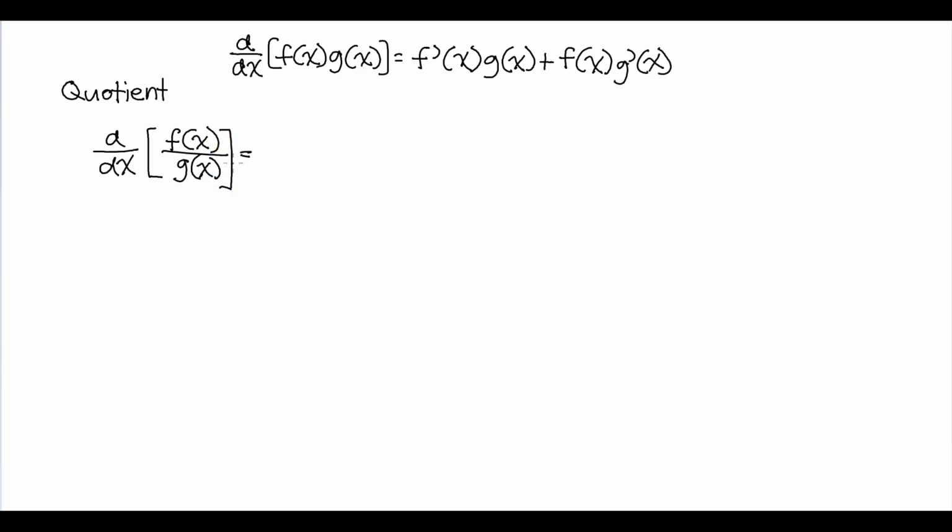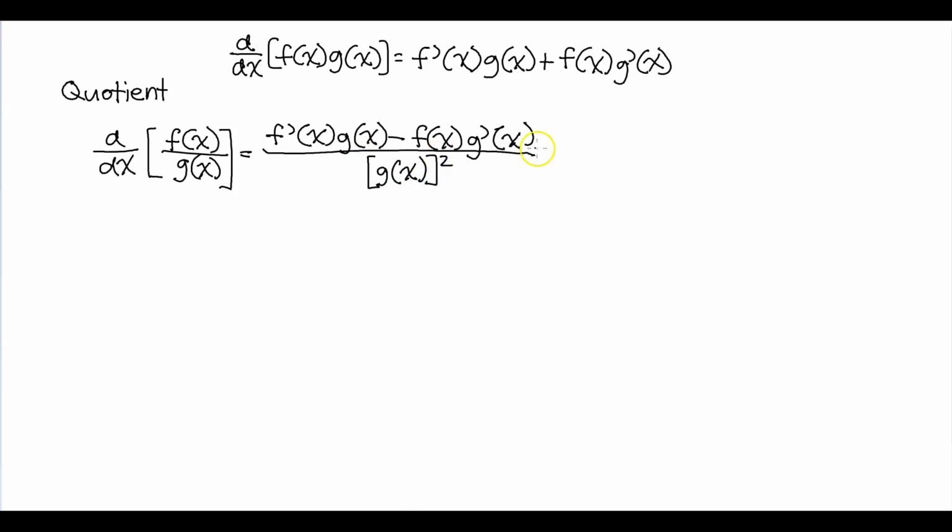Okay, and you can prove this, but the derivative of this is f prime g minus f g prime. Okay, so it looks like that, except it's all over g of x squared.